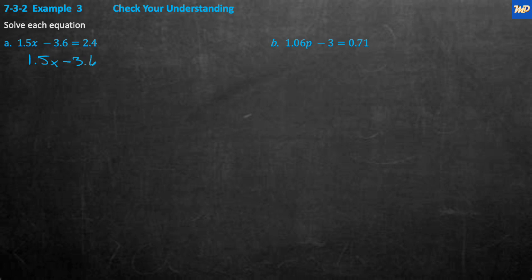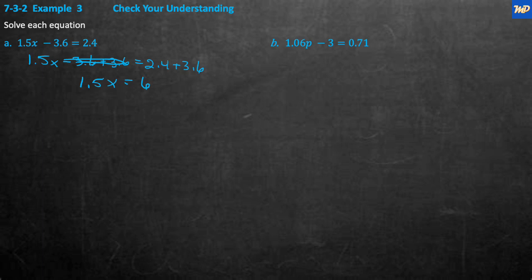So I'm going to clear this up by adding a positive 3.6 to both sides: 1.5x minus 3.6 plus 3.6 is equal to 2.4 plus 3.6. So when we simplify, these 3.6s will disappear. We'll have 1.5 times x is equal to 2.4 plus 3.6, which is equal to 6.